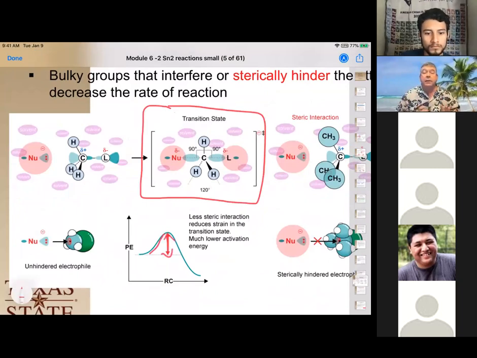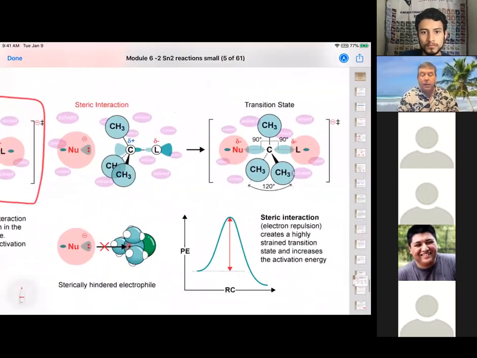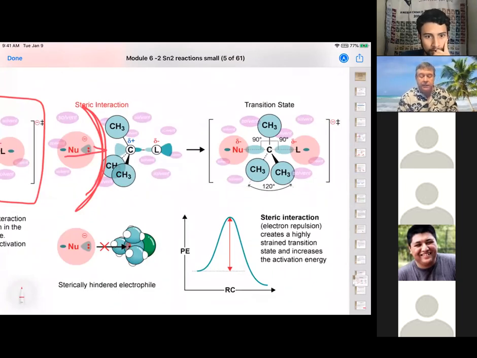The lower our activation energy is, the faster our reaction goes. In the case of something big and bulky, we have so much electron repulsion here that we have to force more energy into the system. We have to add a greater activation energy just to get it to even start forming that transition state where we're starting to form a bond and starting to break the bond.